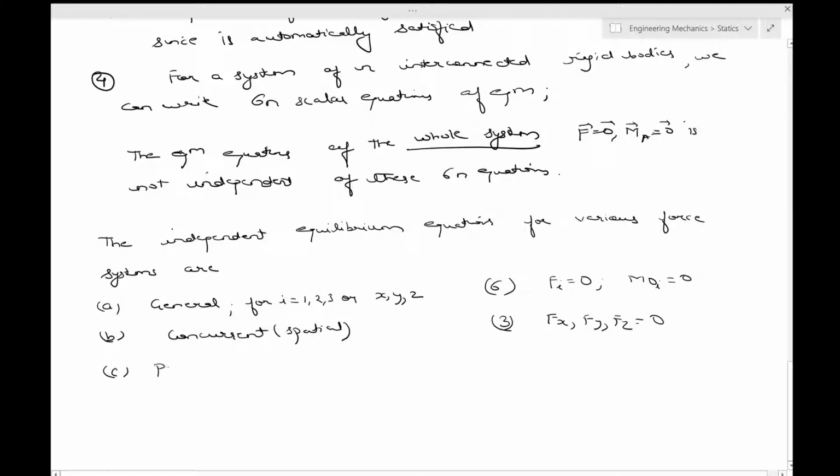Then for forces parallel to the z-axis, again spatial, this would also have three: Fz is equal to 0, and the moments in the plane would all be equal to 0.